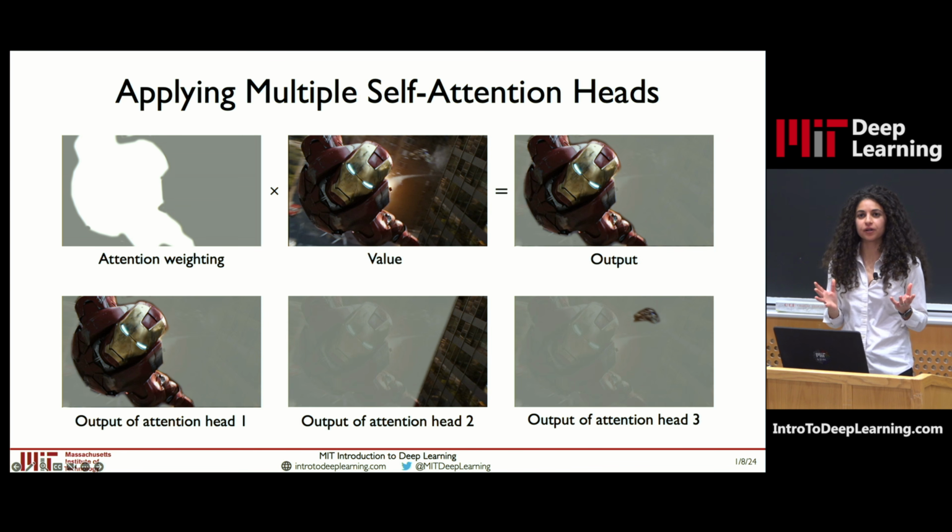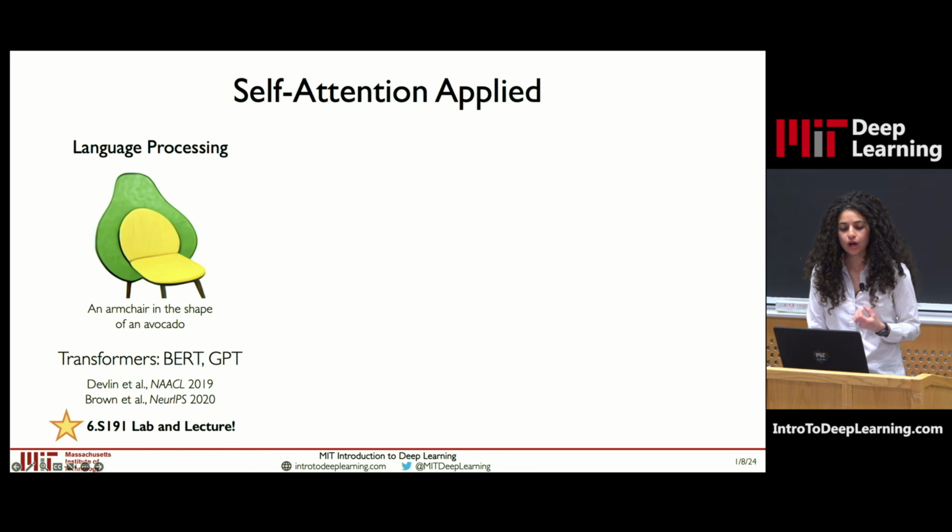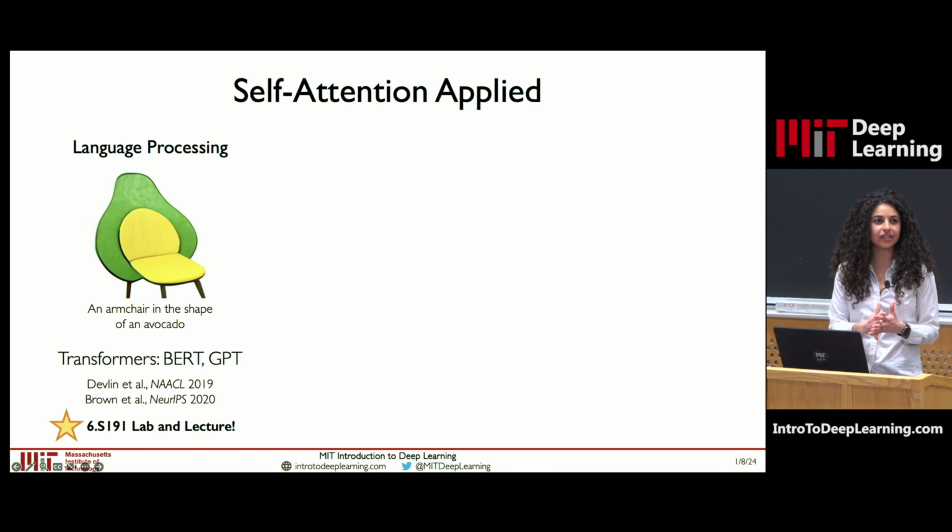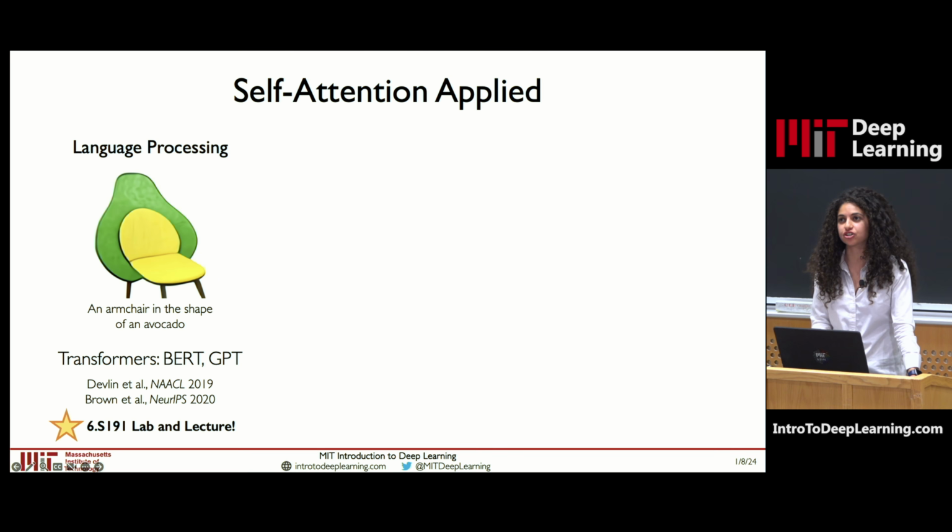So hopefully you've got an understanding of the inner workings of this mechanism and its intuition and the elegance of this operation. And attention is now, we're seeing it as the basis of the transformer architecture applied to many, many different domains and many different settings.